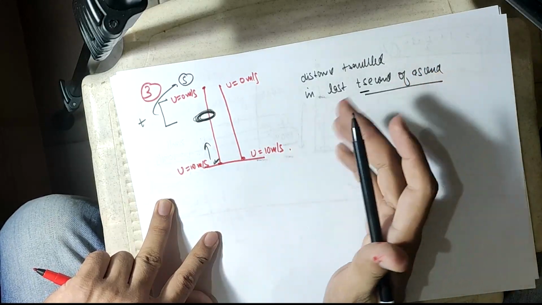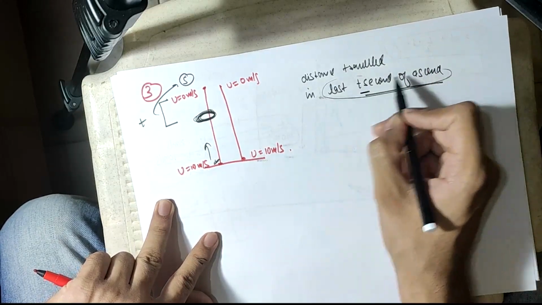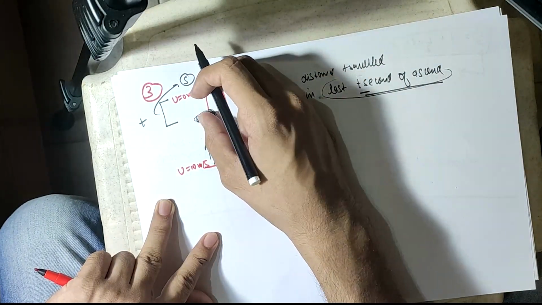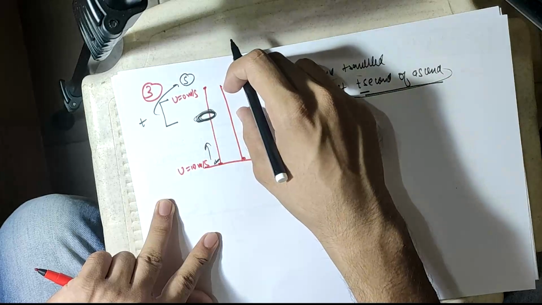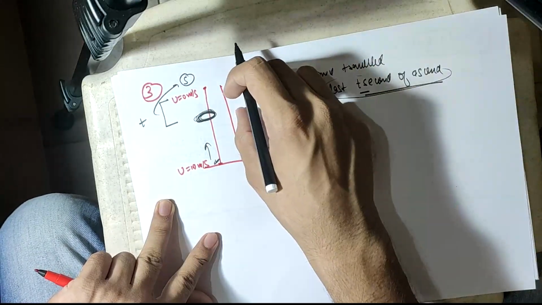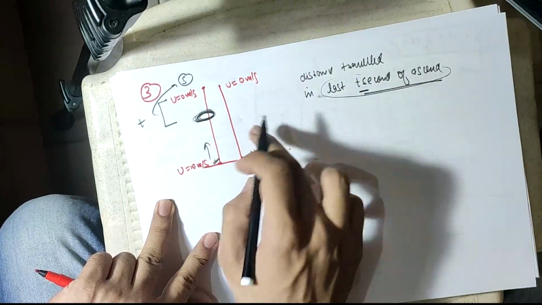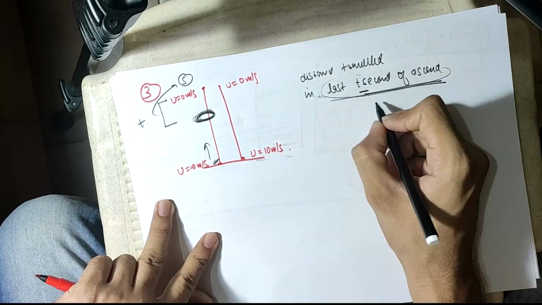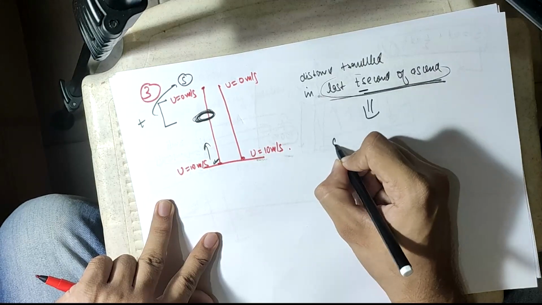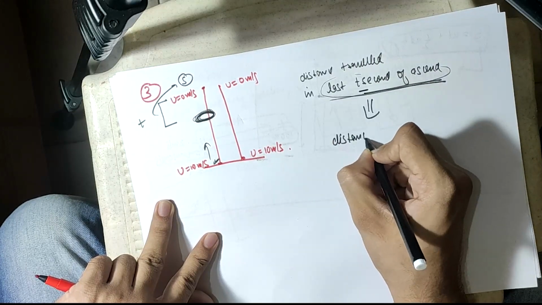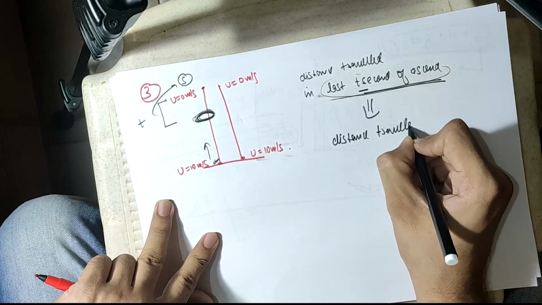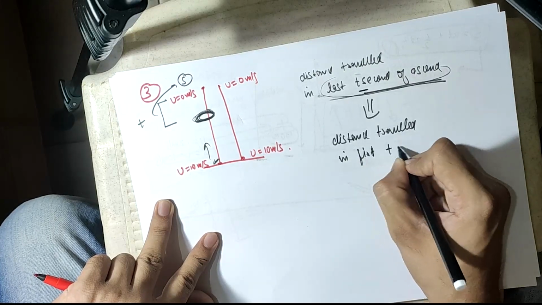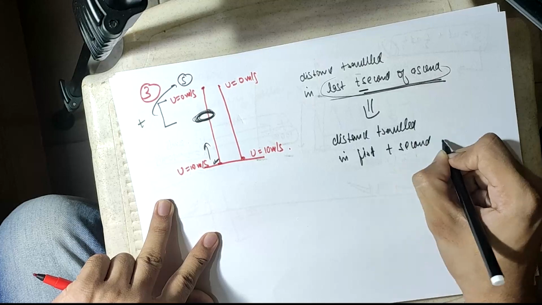What happens is, the last part of upward motion is basically the initial part of the downward motion, because I said both are opposite to each other. It means distance traveled in last t seconds of ascent means distance traveled in first t seconds of descent.